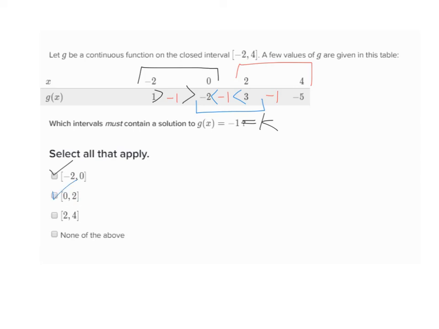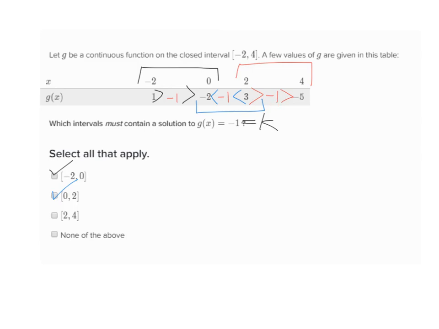All right, let's look at the last set here. We got between 3 and -5. Is -1 between those two values? And again, it is, right? -1 is greater than -5, and it's less than 3. And so, again, because -1 is between these two values, it's between, you could say, f of a and f of b. That means there's some value c that's between a and b that if we plugged into this function would give us -1.